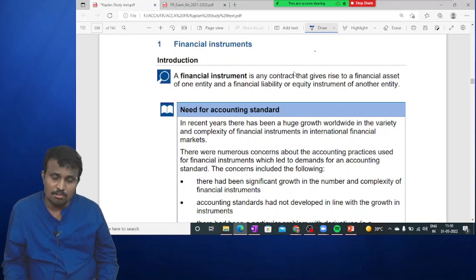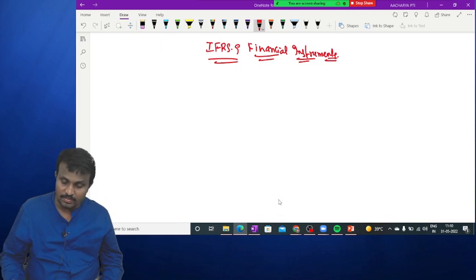It is any contract that gives rise to a financial asset of one entity, and it will become a financial liability or equity instrument to another entity.